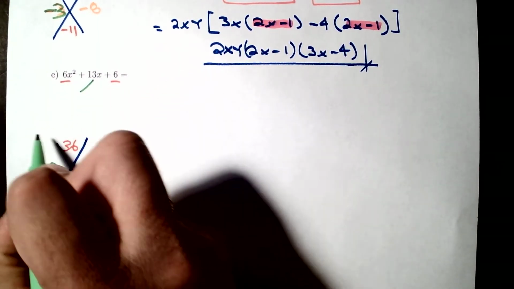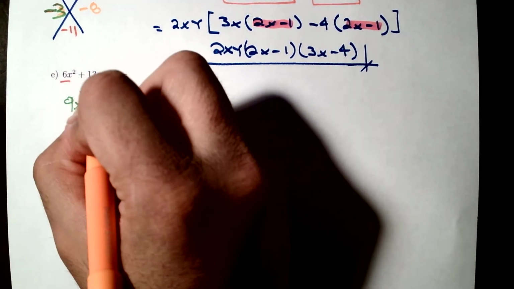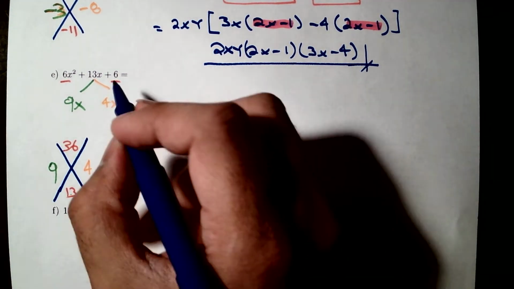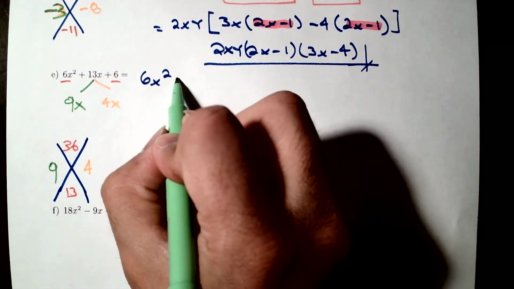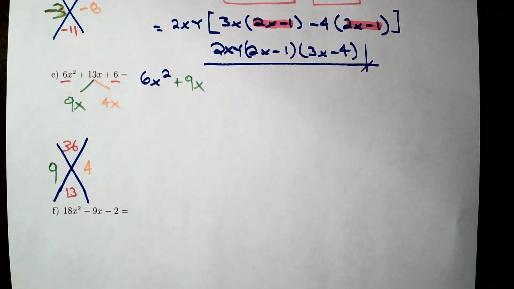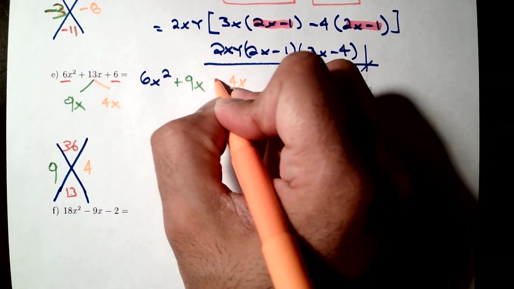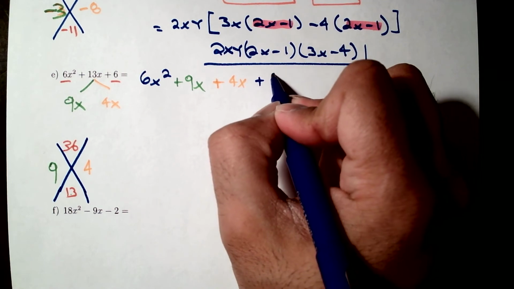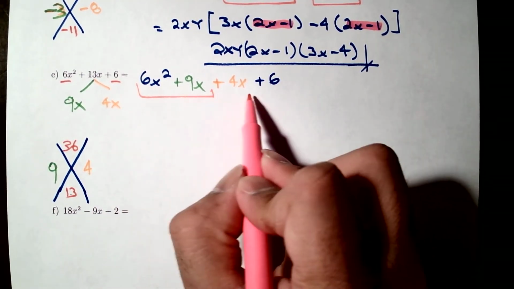So break up the middle term into 9x and 4x. That's going to be 6x squared plus 9x plus 4x plus 6. We have 4 terms. Let's do grouping.